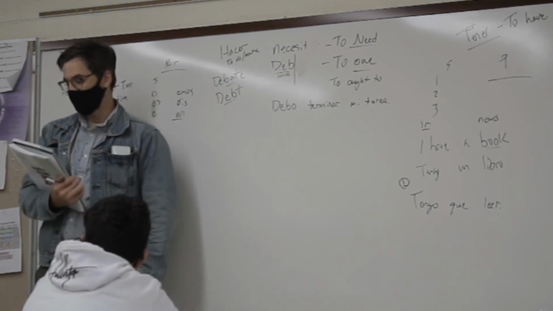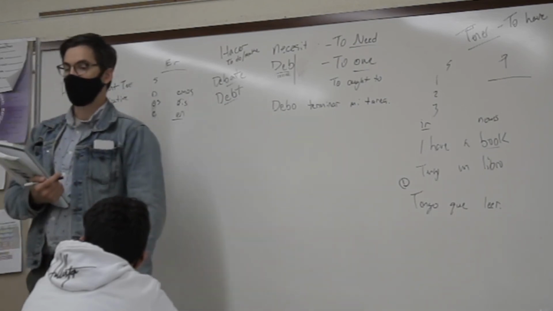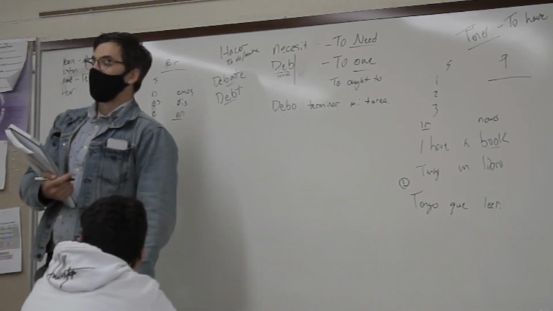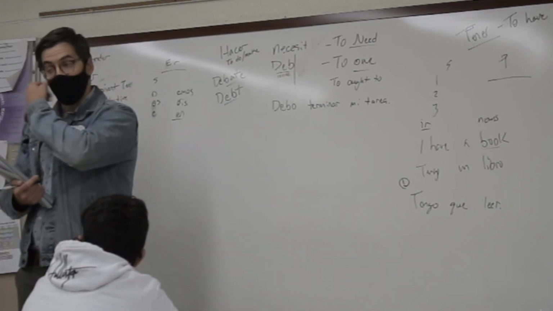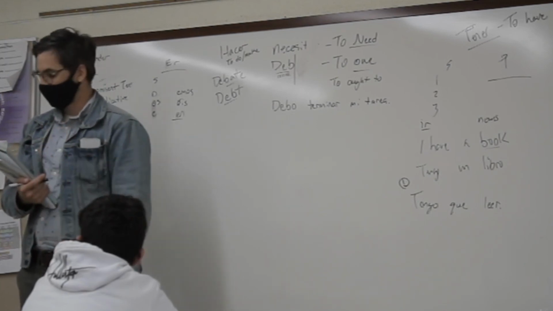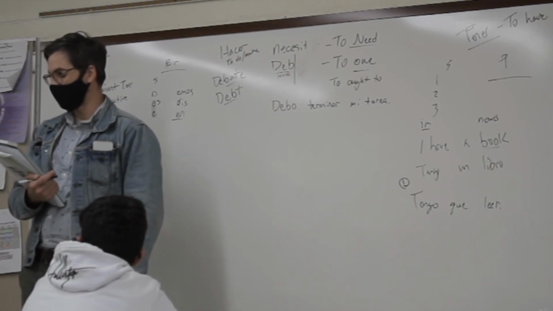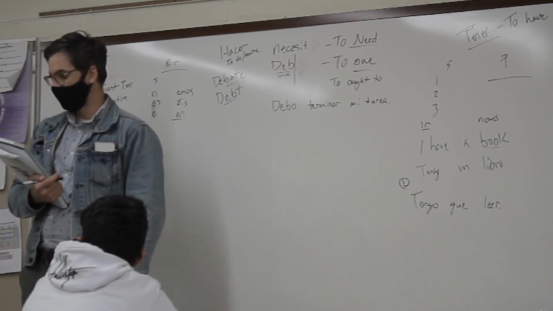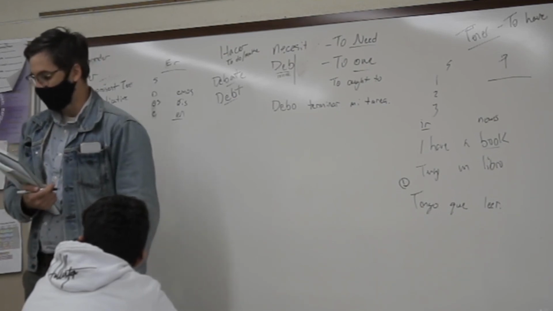Okay, notice the examples again on the next part. Juan tiene. Juan has. But then it adds the que and then a verb. So we know it means Juan has to do something rather than he has some item. Juan tiene que estudiar esta noche. Juan needs or has to study tonight. Los chicos, the boys, tienen que regresar.